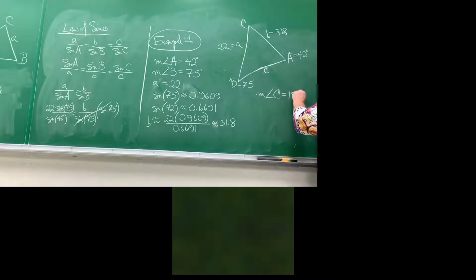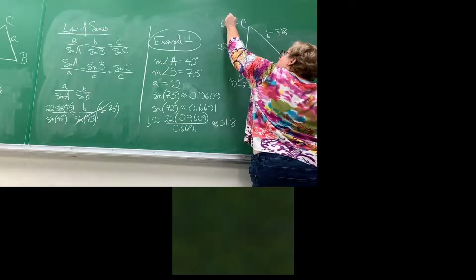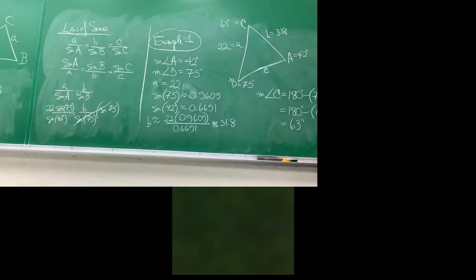It'd be 180 minus 75 plus 42, and 180 minus 117 is 63 degrees. All right. Now we can find side c just using the law of sines again.